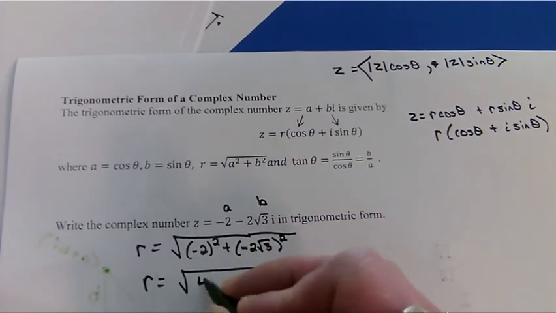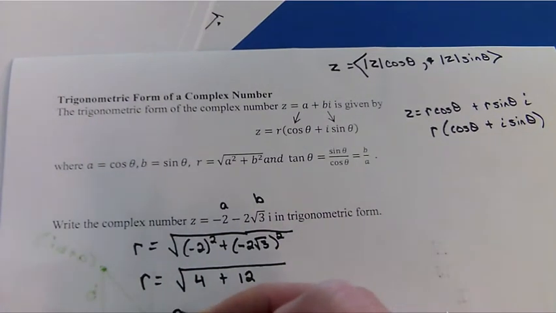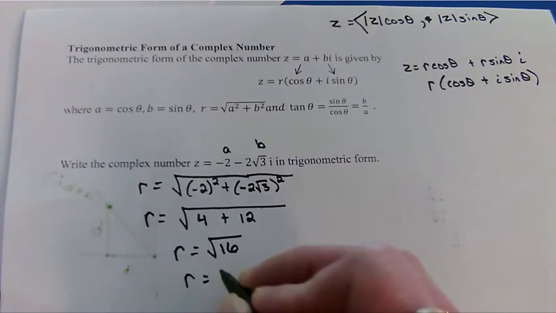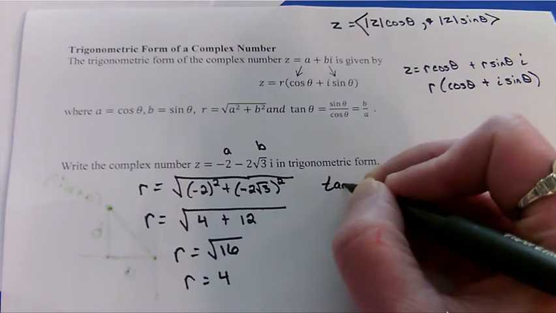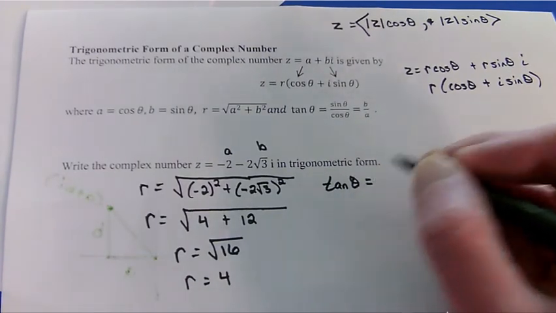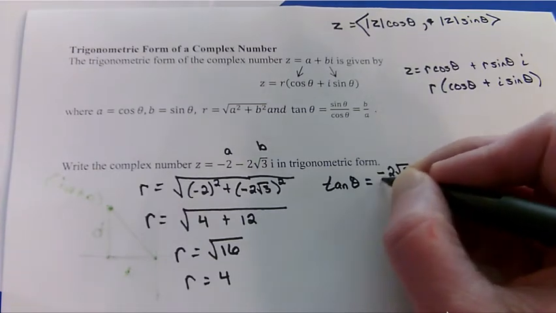So that's going to be a 4 plus 12. Well, this one turns out nice. R is 4. Now to find the angle, the tangent of the angle is the y value, so b over a.